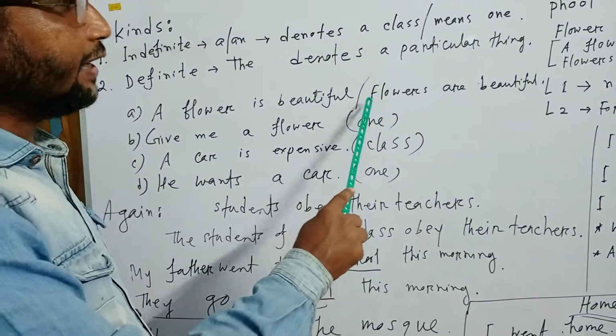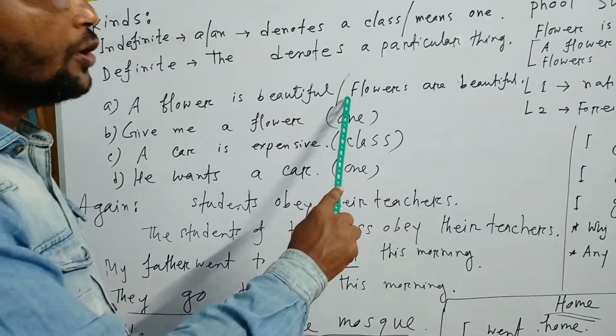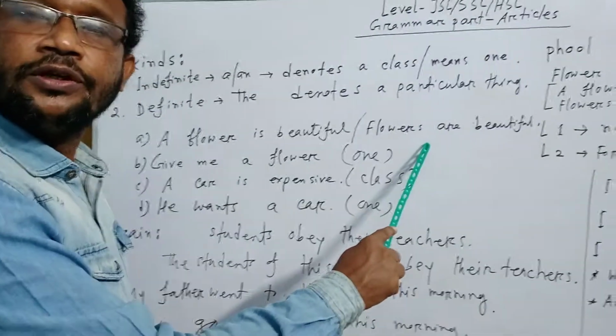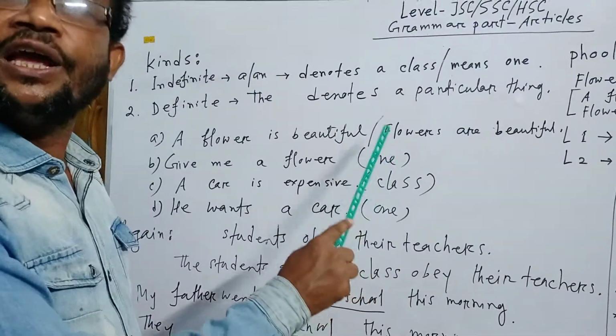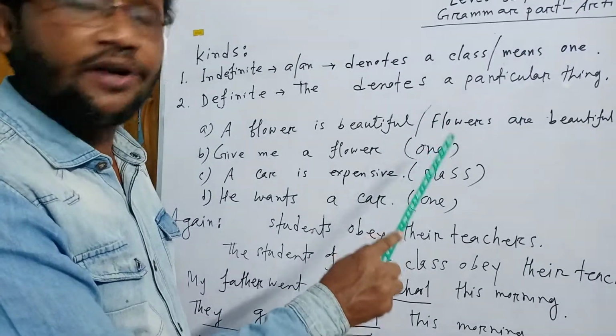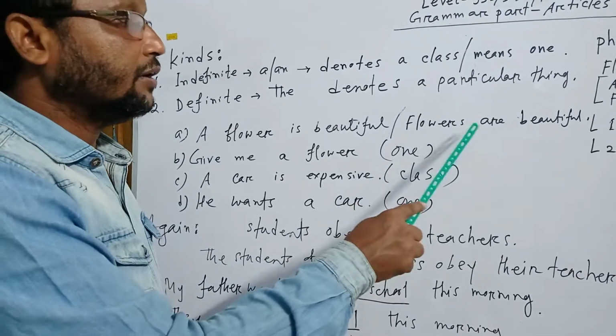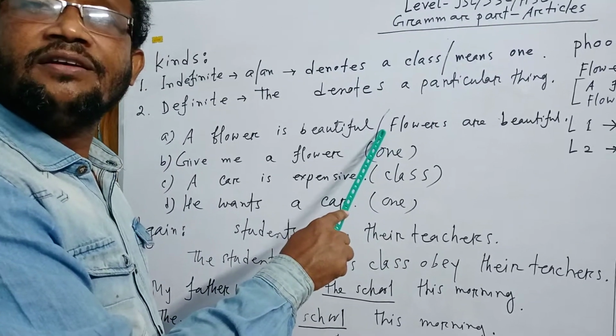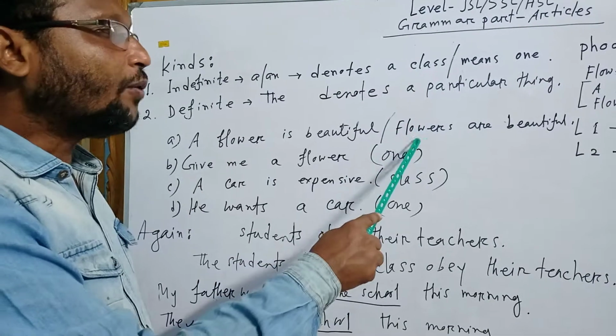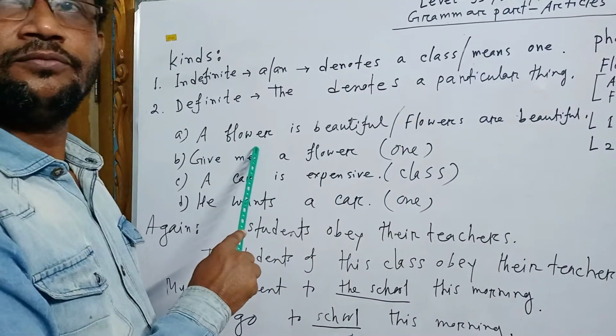Remember, when you write the class in plural form, you don't need to use articles. If a learner writes "the flowers", the sentence will be incorrect. So, flowers or a flower.